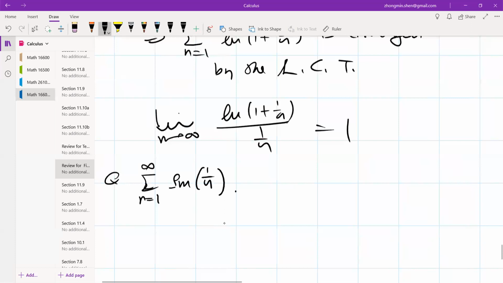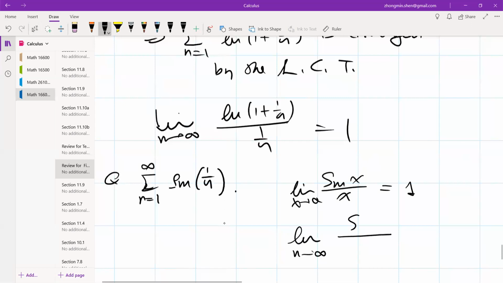It's a similar idea as before. Say you have to compare. Sine x over x as x approaches 0 is going to be 1. Okay, so that means as n approaches infinity, sine of 1 over n over 1 over n is going to be 1, right?